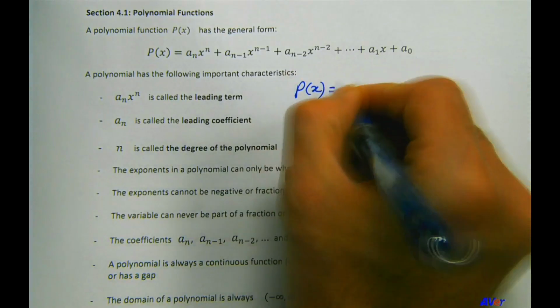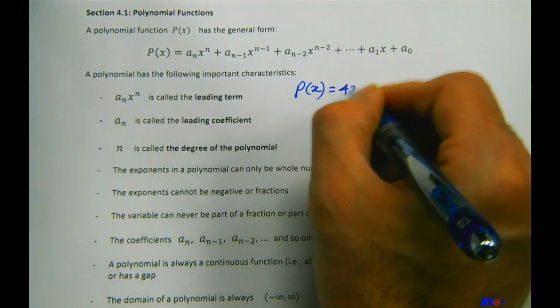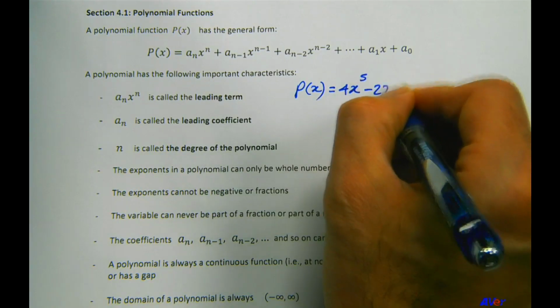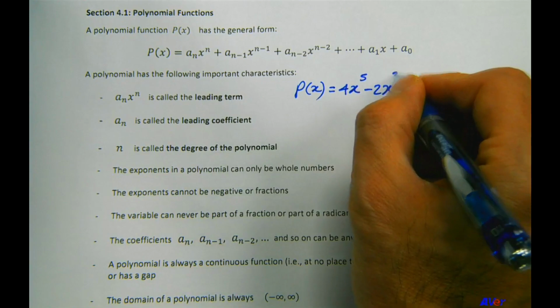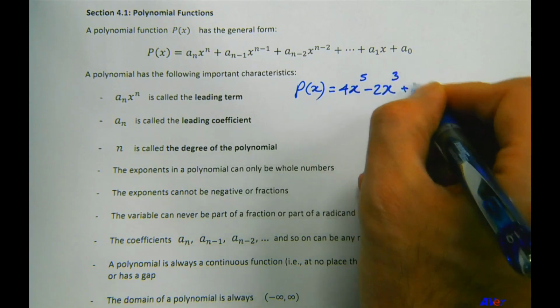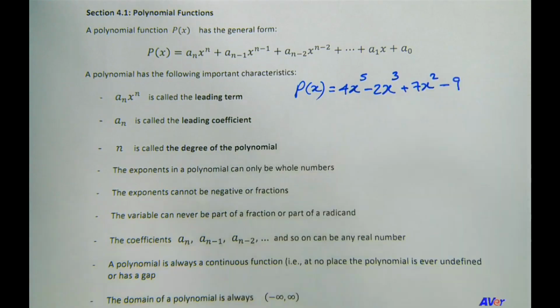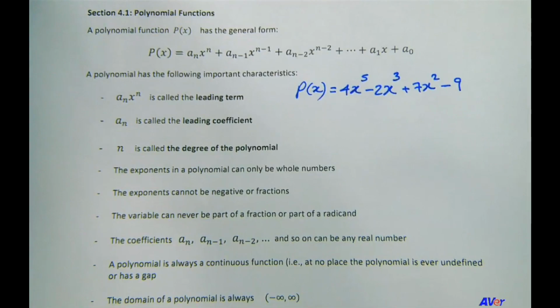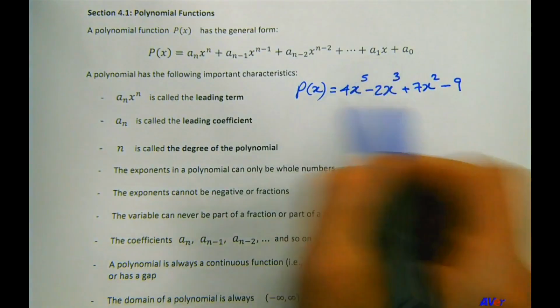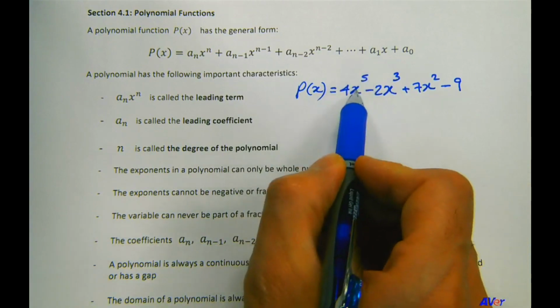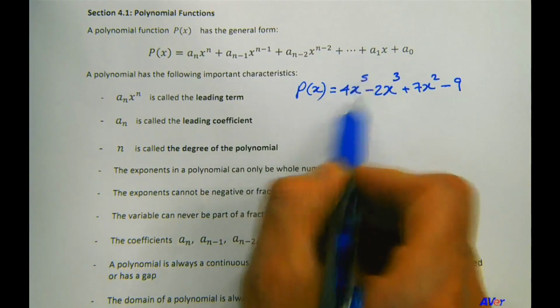So p of x, let's say 4x to the fifth minus 2x cubed plus 7x squared minus 9. That's a polynomial. So the leading term in this example is the term with the x variable with the highest power.